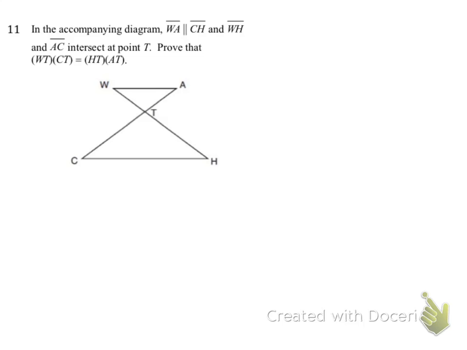Number 11. We have two parallel lines, WA right over here, and then CH. As soon as you realize that those are parallel lines, then one thing that I want you to think about is the Z. So can you create an alternate interior angle through that? Yes, we can.